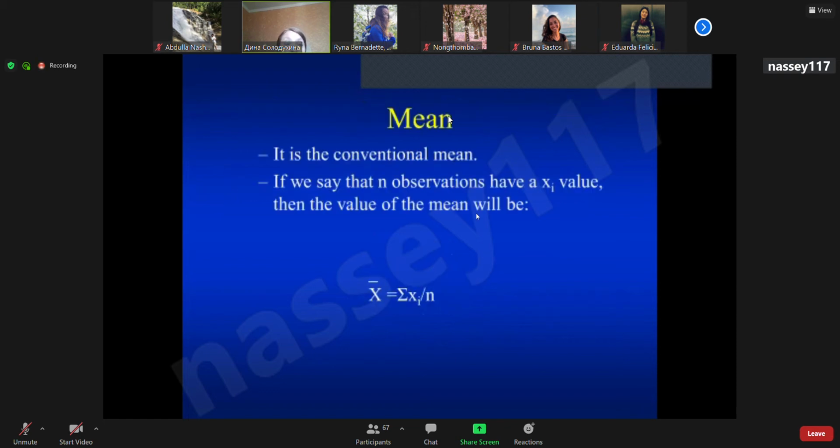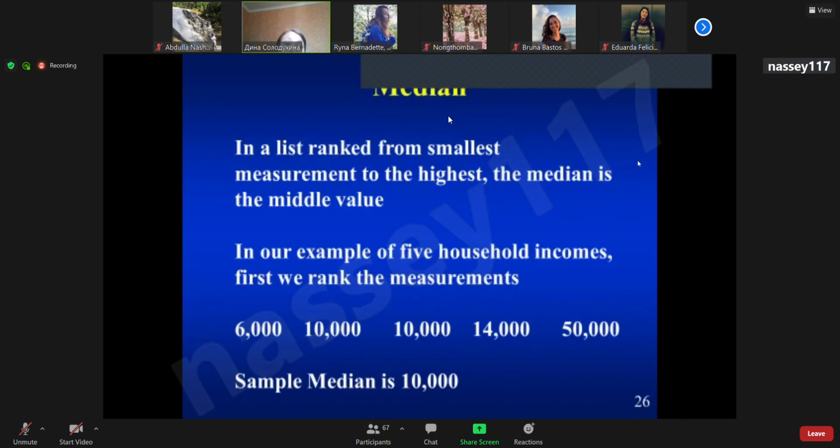So the mean is just the arithmetic average when we sum up all parameters and divide by the number of parameters in the sample, and it is called arithmetic average. The median is found by ranking all parameters from the minimum to the maximum, and the middle value is called a median.